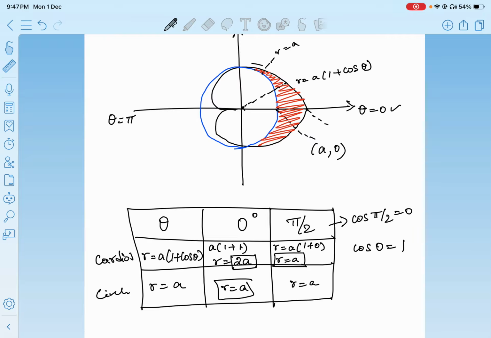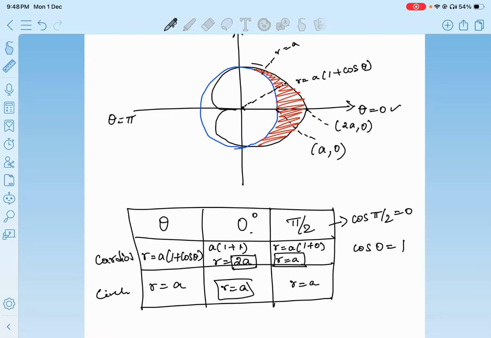Your cardioid lies at the 0 point at 2a, so I'm going to write this point as 2a comma 0. Clear? Our point marking is over now. We got all the connected points and we know the radius, so now we can integrate.